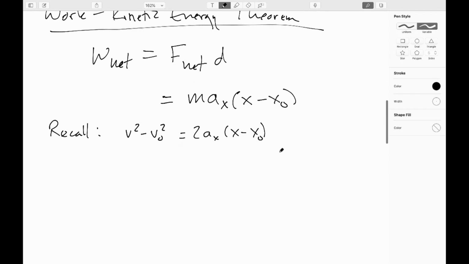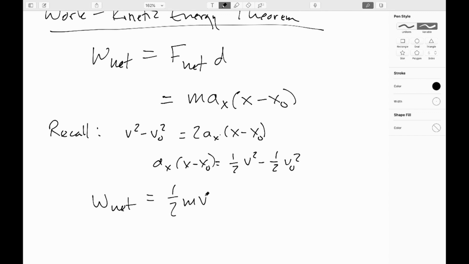Okay, so I can divide through by 2 and get that our quantity a_x times (x minus x naught) is equal to 1/2 v squared minus 1/2 v naught squared, and I can substitute that in up here. So that will give me that the net work being done will be equal to, if I multiply through by m, 1/2 m v final squared minus 1/2 m v initial squared.